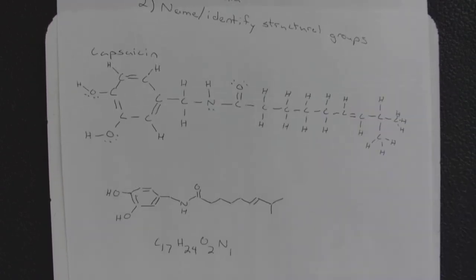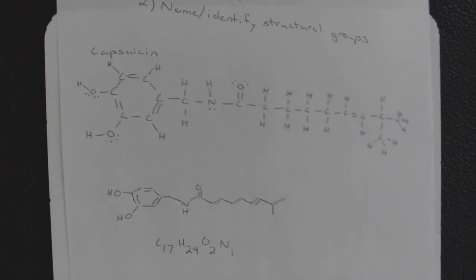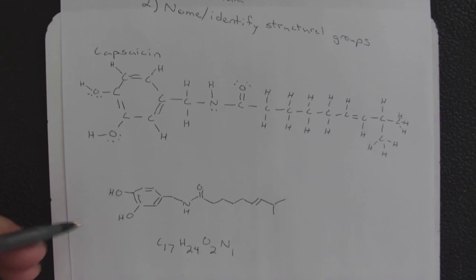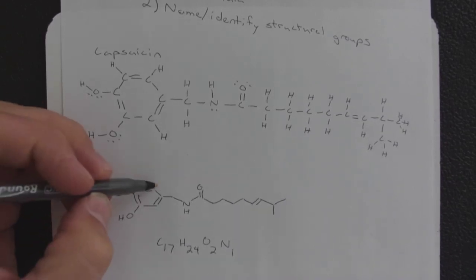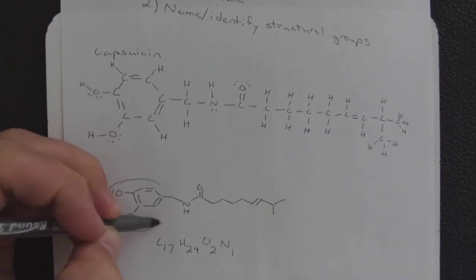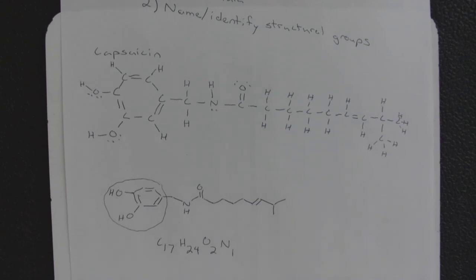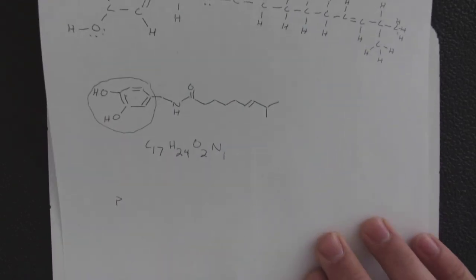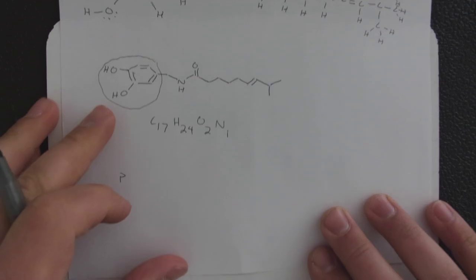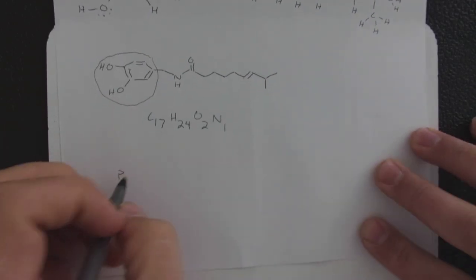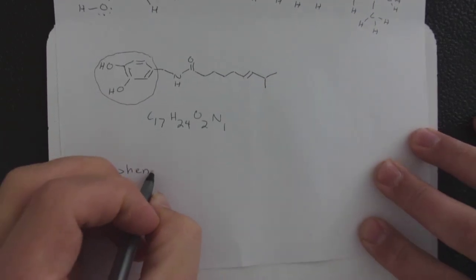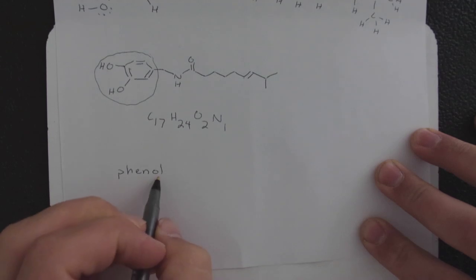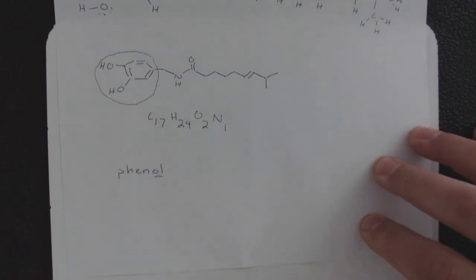So if we go to our structure here, we can notice this. We've got what looks like a phenol group. So a phenol, I'm going to point out, has this OL on it.